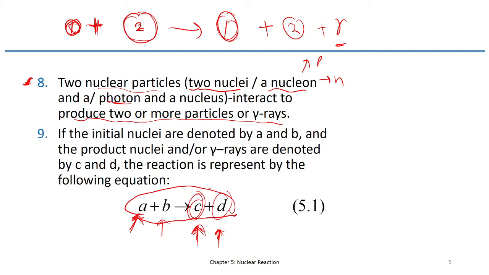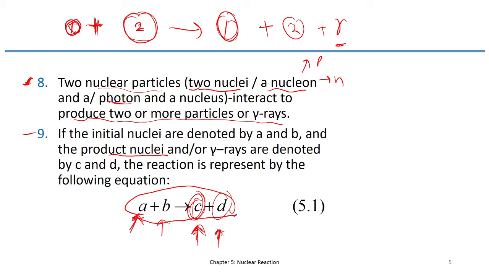Okay, so statement number 9 says: if you have two nuclei, you can write them as, for example, A and B. If C is a nucleus, you write it as C, and D could be a gamma ray.